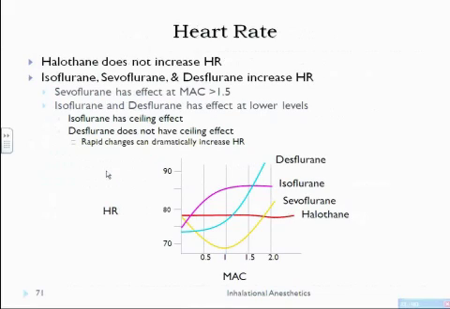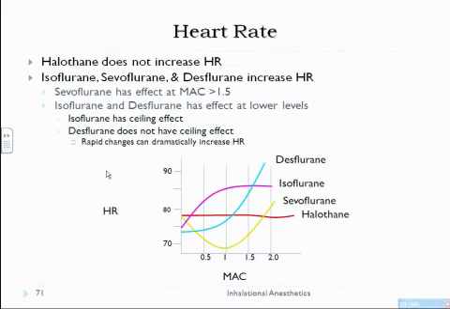Heart rate. This is kind of important. I expect you to know these differences for the test. Halothane doesn't really change heart rate at all. So you have a significant suppression of contractility by halothane, but at the same time it doesn't increase heart rate to compensate for the loss in stroke volume from the loss of contractility. As a consequence, the patient has a significant drop in cardiac output.